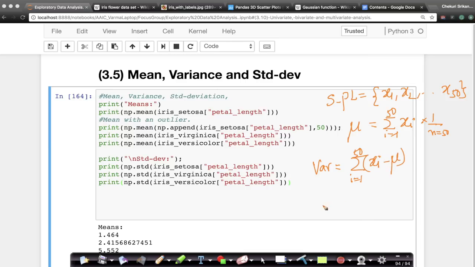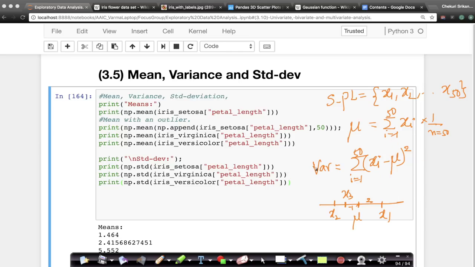What this is telling me is, if this is my mean, and if this is my point x1, let's say this is my point x2 and this is my point x3, it says how far away is each of my points from the mean, okay? But this distance could be positive or negative, right? But we want to measure distances, right? So let's just square it, because this distance could be 2, this distance could be -1, and so on and so forth. If you just square it, you basically get all positive values, right?